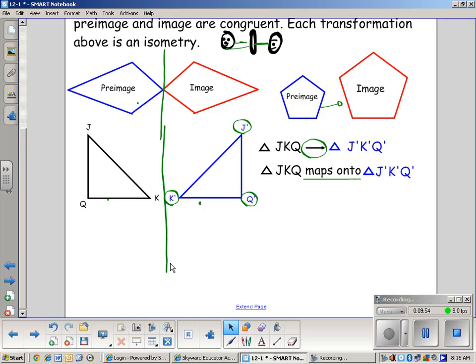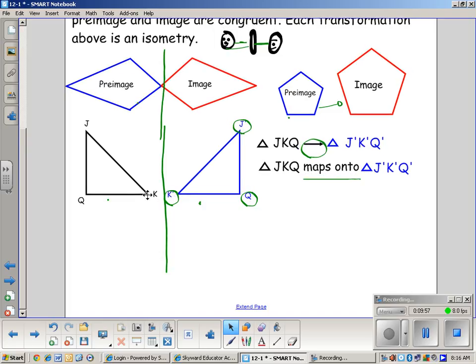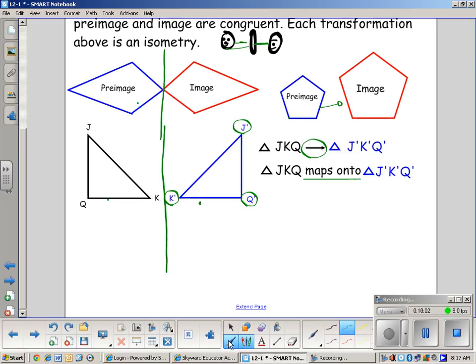Okay? And what do we say about the distance from this point here, and this line? What's the relationship between them? Sorry, I just couldn't hear you guys at all.